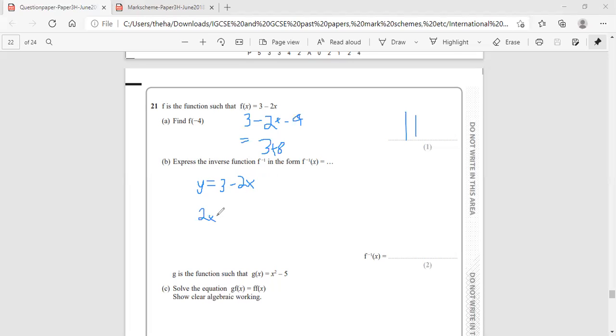So we're going to have 2x equals 3 minus y, and then we're going to divide by 2, okay? And then we'll just change the y back into an x. Okay, so this is our final answer here, 3 minus x over 2. And that is 2 marks for that. Quite simple, that one as well.